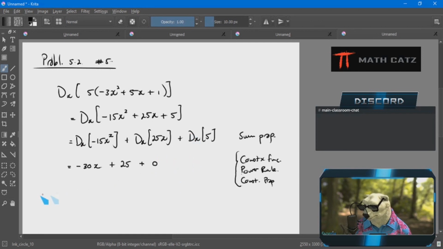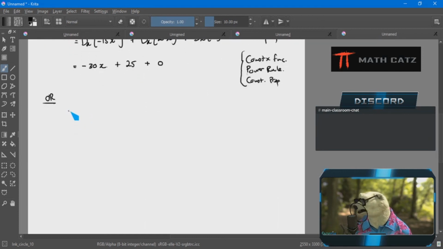Yeah. The other option I had here, however, if I look at the original, whoa, that line shouldn't be there. I'm just going to copy it down again. 5 times negative 3x squared plus 5x plus 1.